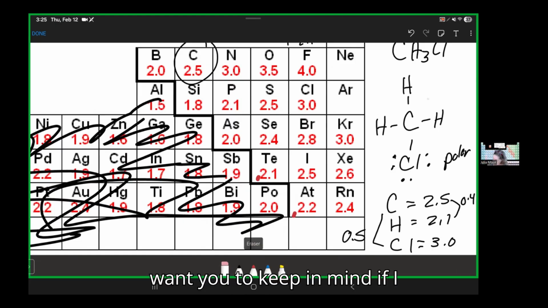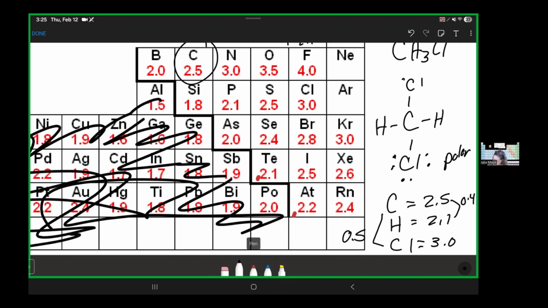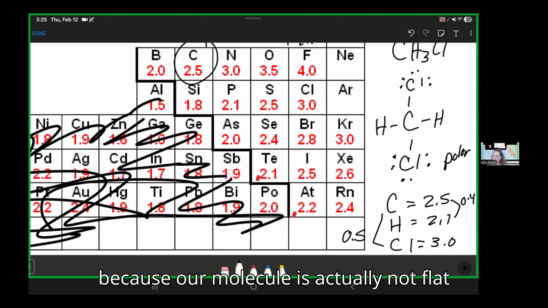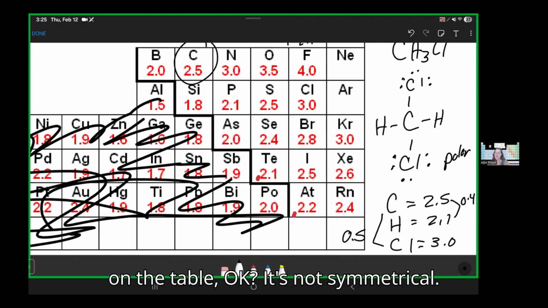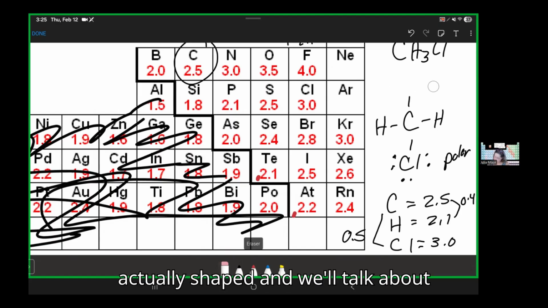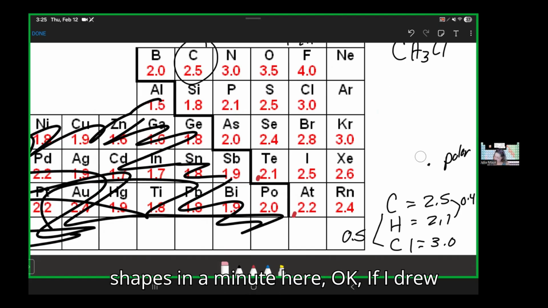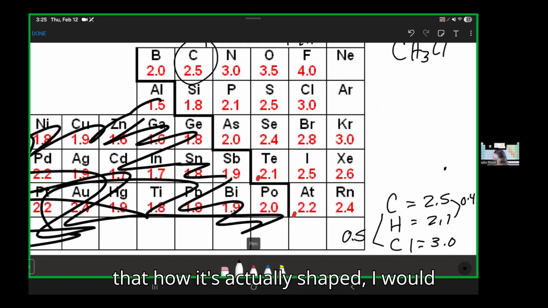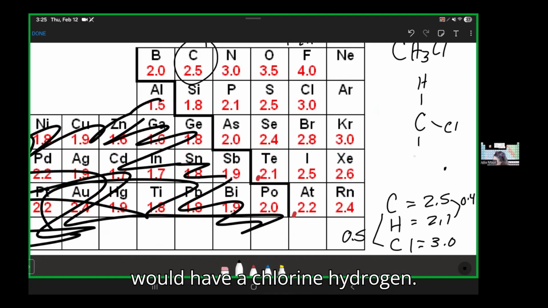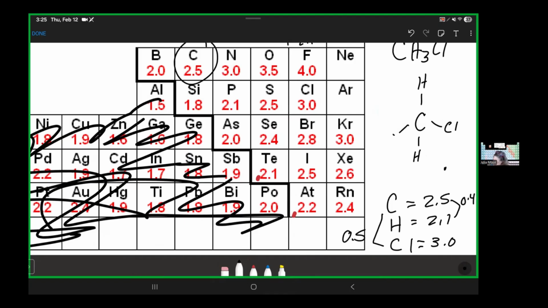Okay, and I want you to keep in mind, if I had this, that is still not symmetrical, because our molecule is actually not flat on the table. If I were to draw this like it's actually shaped, and we'll talk about shapes in a minute here, I would have a hydrogen, a chlorine, hydrogen, chlorine.